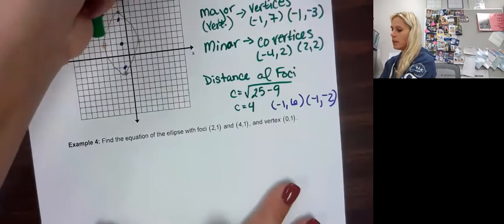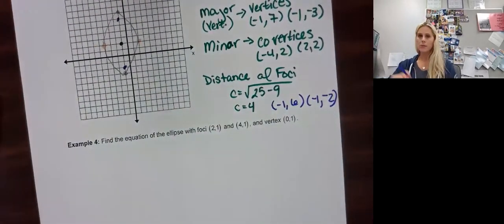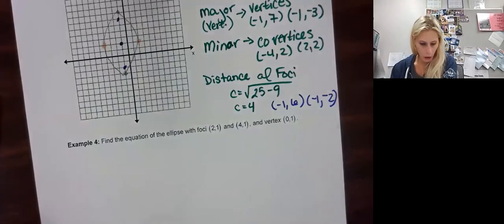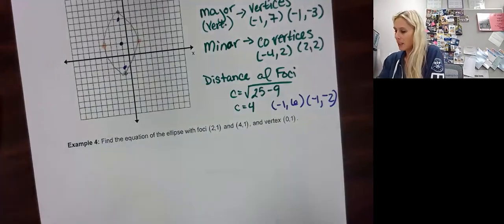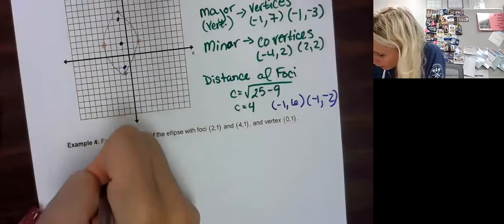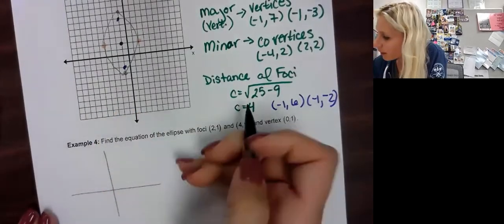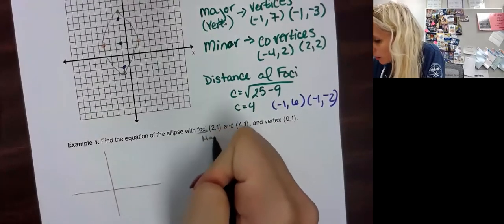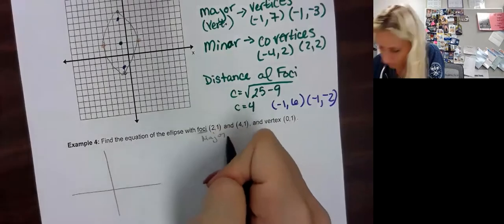Awesome. All right, now let's do it again. Let's find the equation given certain things. So first thing I'm going to do is make sure that we graph what we have already, and also label what we have. So we remember, is it on the ellipse or is it inside? So here are my x and y axes. Foci, remember, foci comes from the major axis.